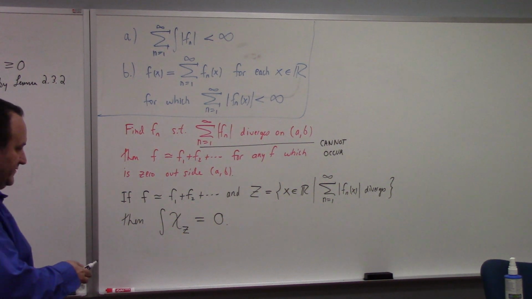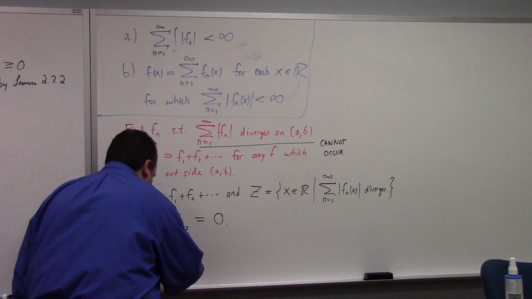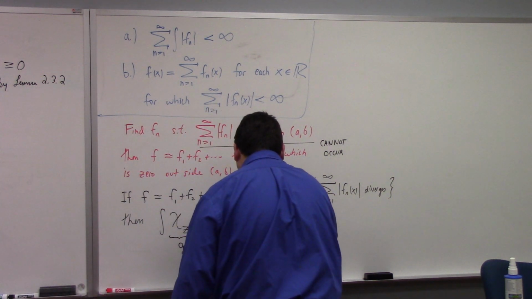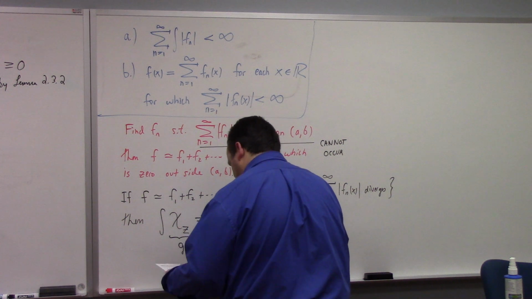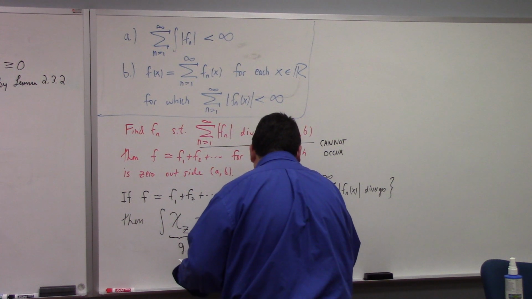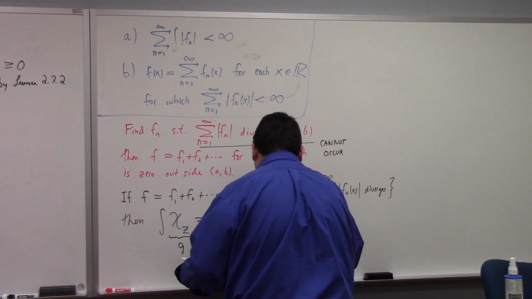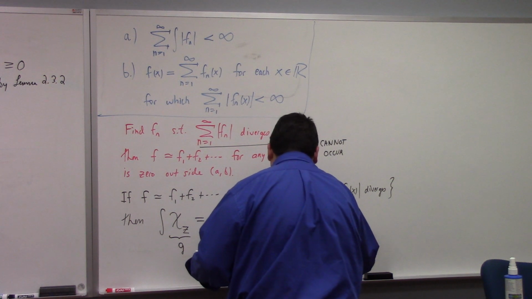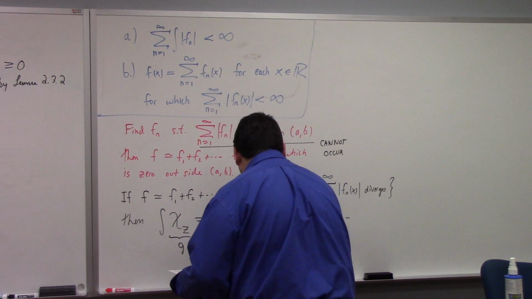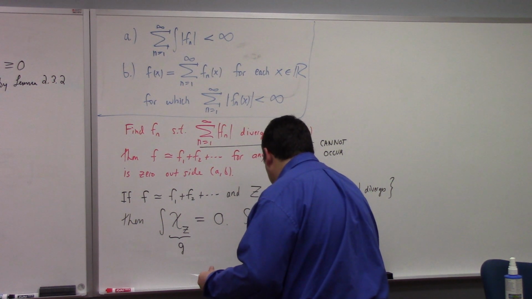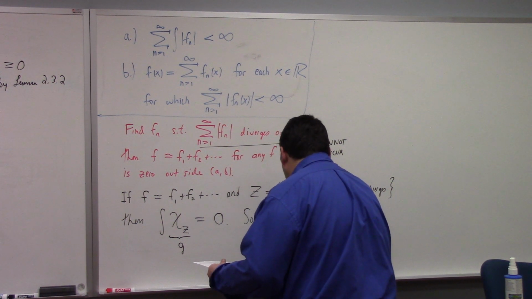Now he doesn't call it the characteristic function of Z, he just calls this thing g, and he says f plus g is equivalent to f1 plus f2 plus dot dot dot, and in fact the integral of f plus g is equal to the integral of f.